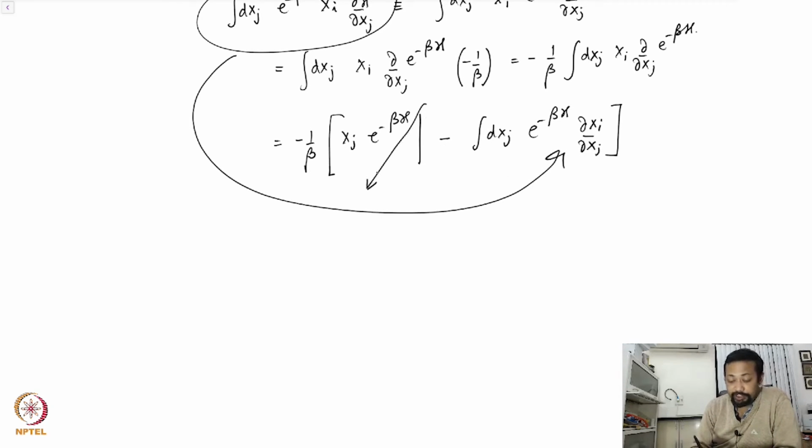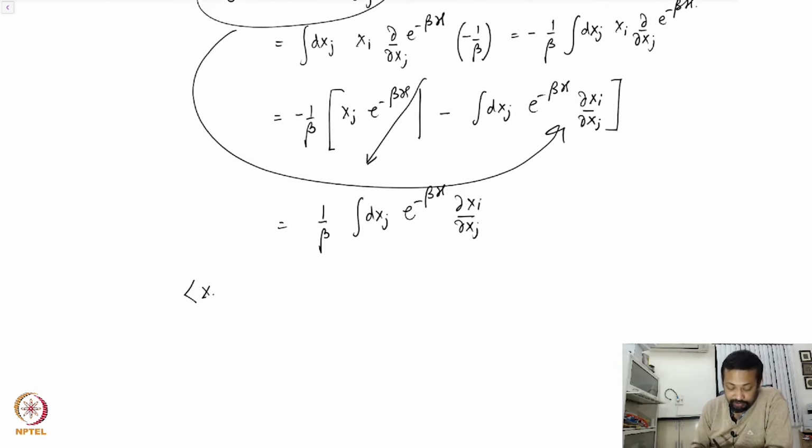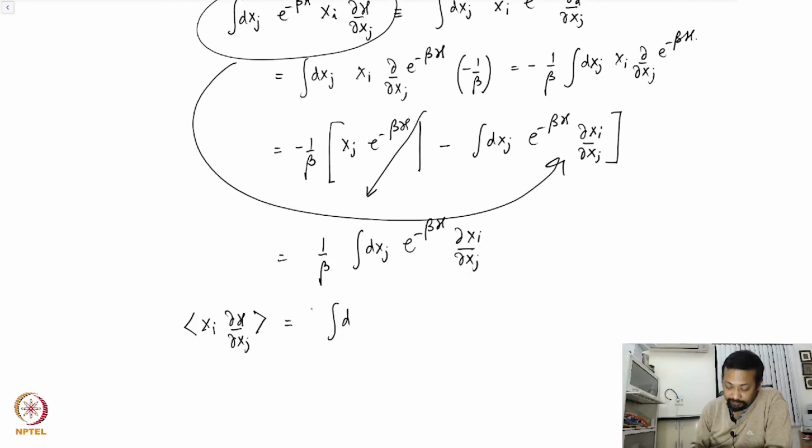The first term vanishes because it's a boundary term, and therefore you are left with 1 over beta integral dxj e to the power minus beta h del xi del xj, which means this average of xi del h del xj is 1 over Z integral dx, e to the power minus beta h del xi del xj, and a 1 over beta outside.